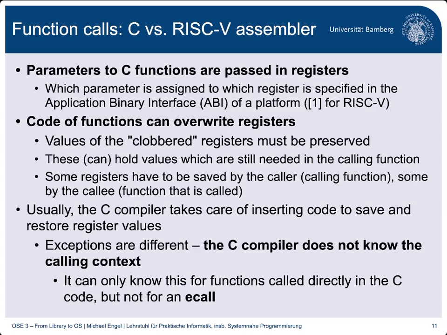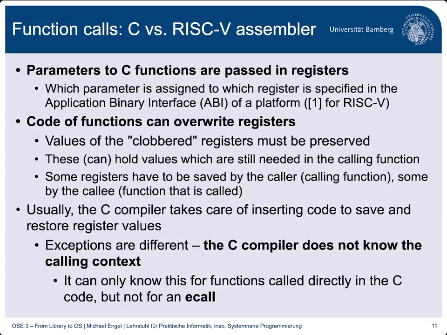And in this ABI there's a specification that some registers have to be saved by the caller, the function executing the JALR instruction, and some others by the callee, the function that's called as the target of the JALR instruction. Your compiler does this automatically.